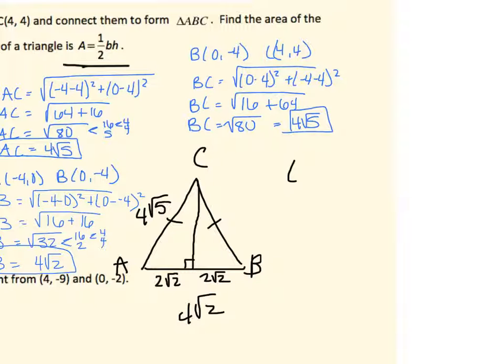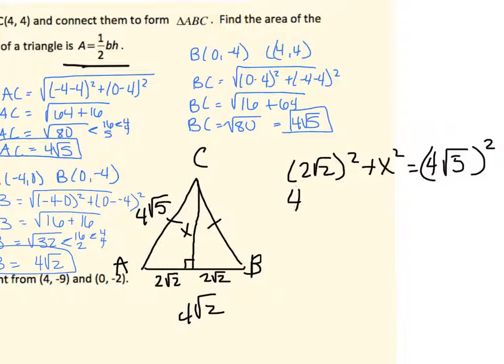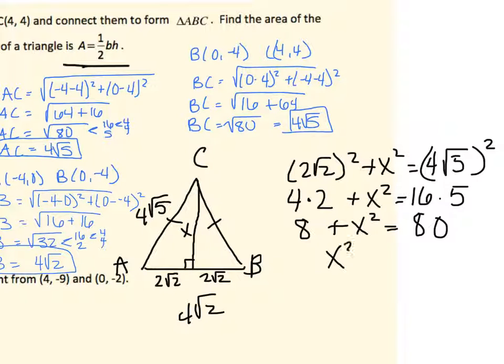So I'll take (2√2) squared, remembering to put it in parentheses, plus the height squared, equals (4√5) squared, again remembering parentheses because now I can square the 2 and square the root 2, and square the 4 and square the root 5. This can be broken down into 36 and 2, so 6 and 6.